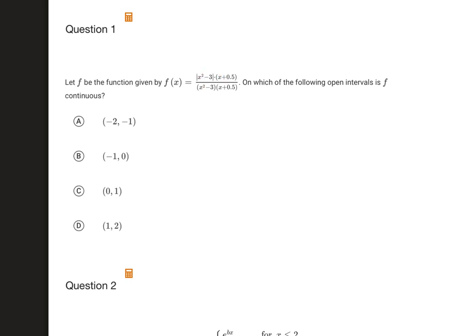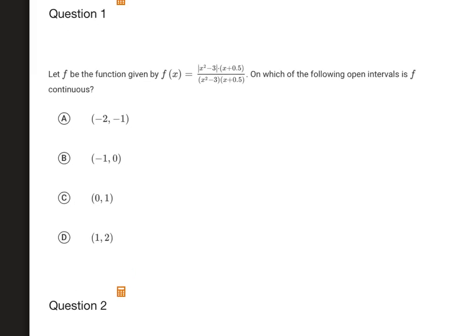If they were ln functions or something like that, they would have another discontinuity on their own, but these are all continuous on their own. So really, when you have a fraction like this, you just want to know where the bottom equals 0. That'll be where the whole function's discontinuous.